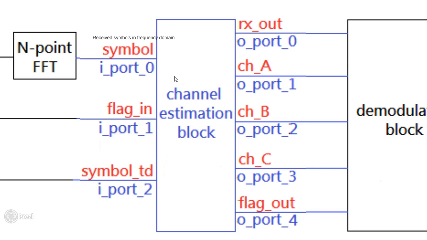The other 2 input ports are just used as indicators or to do some simple calculations. For the output ports, the first one is just a direct copy of the first input port, and it serves as one of the input ports for the subsequent demodulation block. Then these 3 ports are the estimated channel coefficients corresponding to the 3 users, and the last output port is just a flag used as an indicator again. So this is the whole NCMA system.